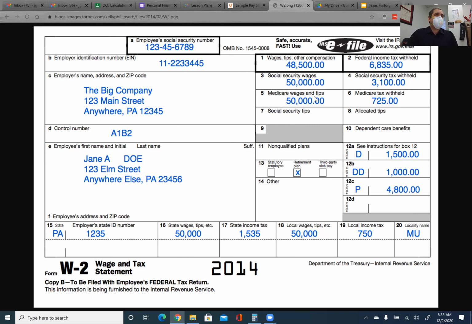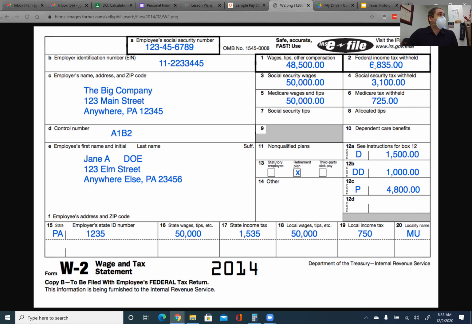So this person made $50,000 a year. I guess they contributed $1,500 toward their retirement fund. But they made $50,000 over the course of the year, not $48,500. So it's just 50, 50, 50, right?